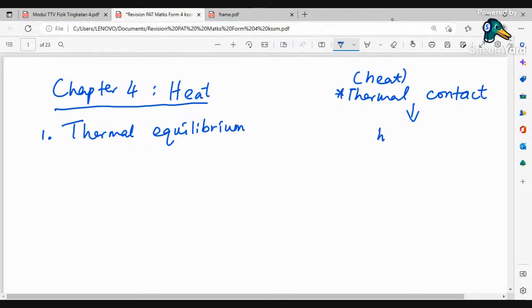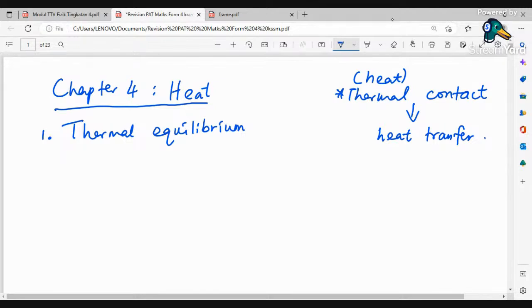Once there is heat transfer, we call it thermal contact. For example, you are sitting close to the fire, you can feel the heat transfer to you. That is also thermal contact. Bukan semestinya nak ada contact, nak ada sentuhan. That's why we call it heat contact ataupun thermal contact.